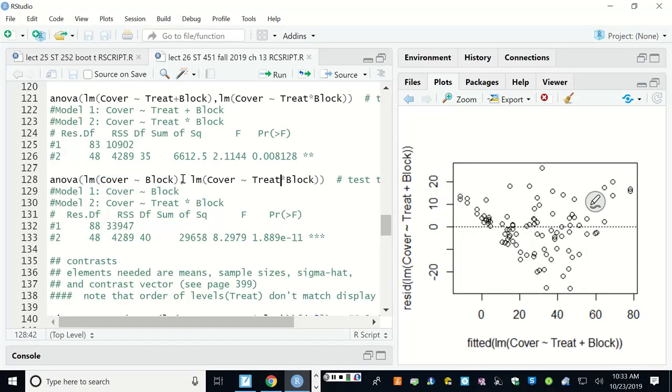And this one has treatment in there with a main effect and an interaction. So this will take a difference between the sum of squares, differences of degrees of freedom, and give you a significance test. Is there any treatment effect, either through the main effect or the interactions? Once we see that the interaction is significant, this one, incorporating the interaction, would be the right one for testing that treatment.